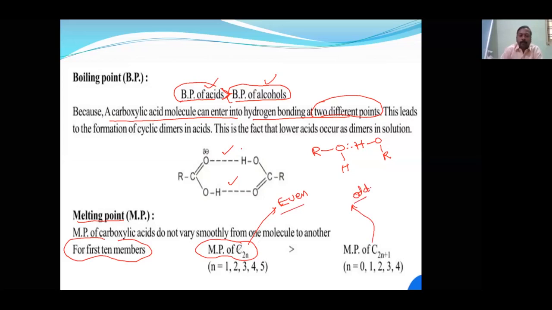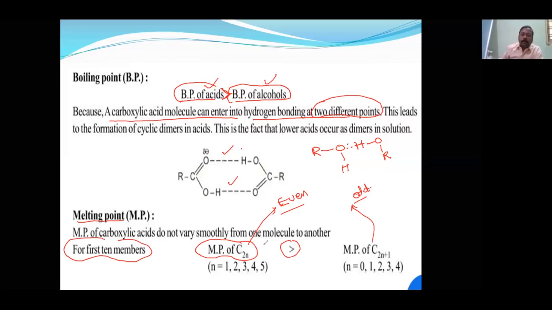Even number carbon molecules are going to have a higher melting point. It should either increase or decrease, but there is an alternating effect: first it increases, then decreases, then increases, then decreases.